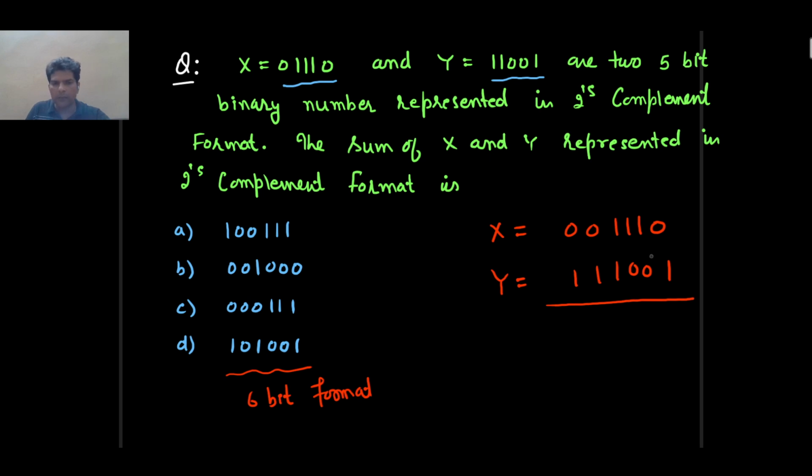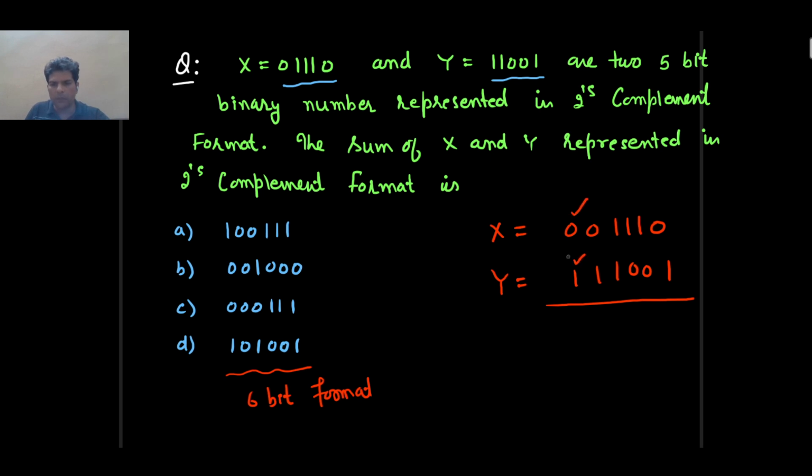So first point, that is very simple: if all options are given in 5 bit, then there is no need to extend the bits. Now you see here, x has MSB 0 and y has 1.